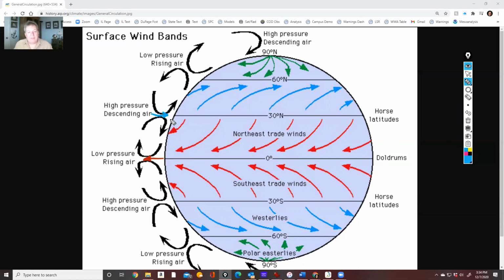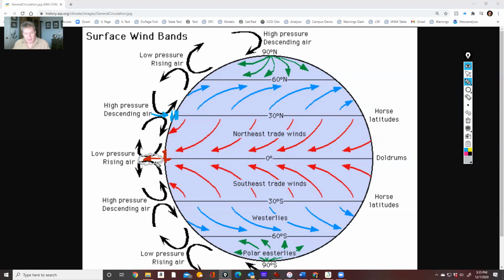So we still have a thermally direct circulation, but notice this is a north-south circulation. So it's low pressure here, and I'll draw it so that it's right side up in a little bit, and it's higher pressure here in what we call the horse latitudes, low pressure near the equator. Well, it's warm air rising, cold air sinking, and we get thunderstorms that kind of form over here.